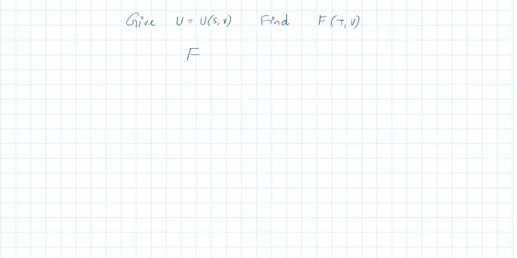Here F is equal to U, this V is the same, and the changing variables are T and S. You have to write U and then TS. Then what is the sign of this TS? Plus TS or minus TS?